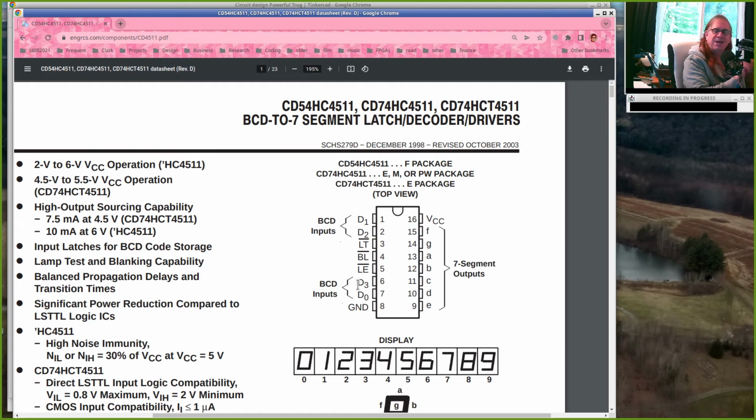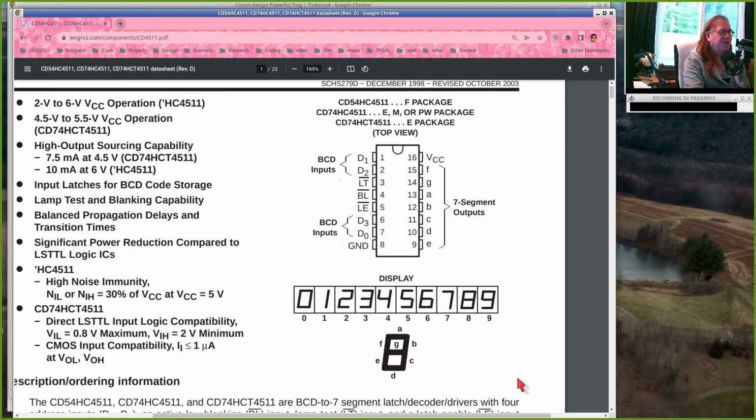And based on the binary value of that 4 input number, these 7 outputs, which you connect to your 7-segment display, will turn on or off so that your display looks like this. And this is for inputs with values 0 through 9. And then for 10 through 15, they have different weird symbols for them. But we'll mostly use them with just inputs 0 through 9.